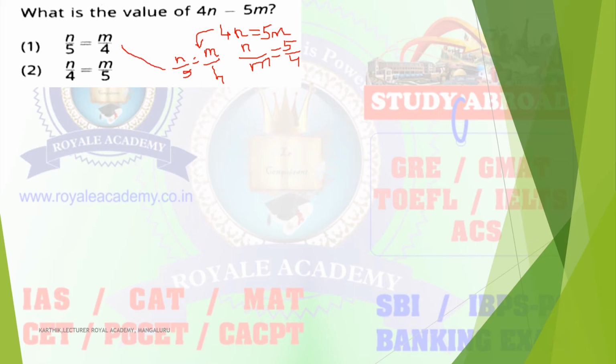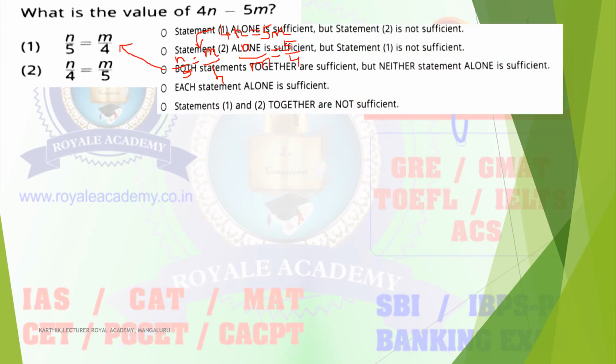So this statement is correct. Actually statement 1 alone is sufficient, statement 2 alone is sufficient, and both statements together give 4n is equal to 5m. So option A is correct.